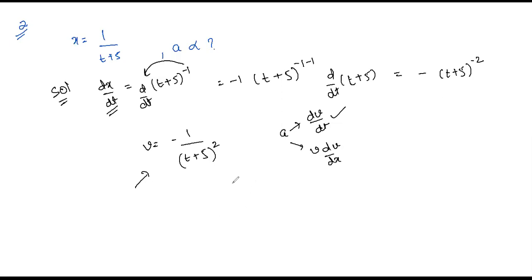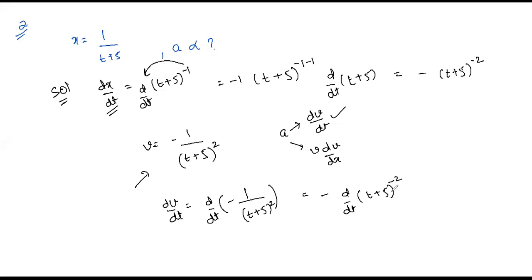You have been given v, so differentiate it, dv by dt, right? Have a look again. So this will be d by dt of minus 1 by t plus 5 whole square, which gives you, taking the minus sign outside, d by dt of t plus 5 to the power minus 2.